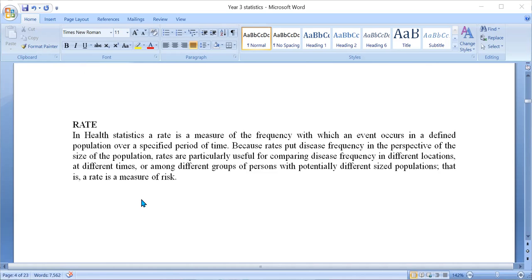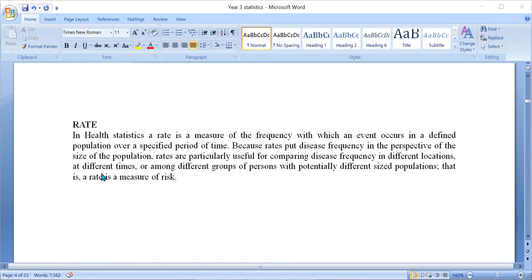All right. Now, rates. In health statistics, a rate is a measure of the frequency with which an event occurs in a defined population over a specified period of time. Because rates put disease frequency in the perspective of the size of the population, rates are particularly useful for comparing disease frequency in different locations at different times. So what does it mean?